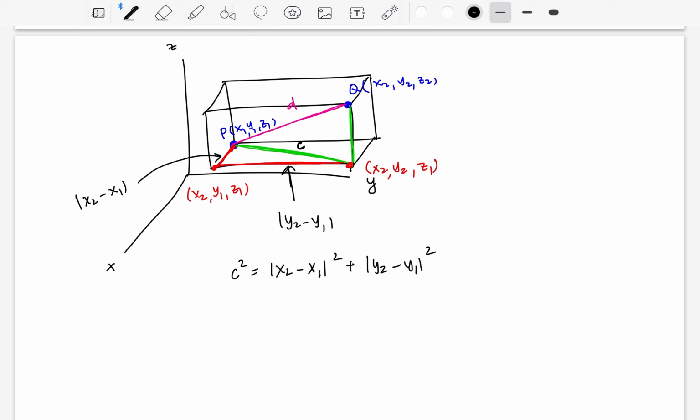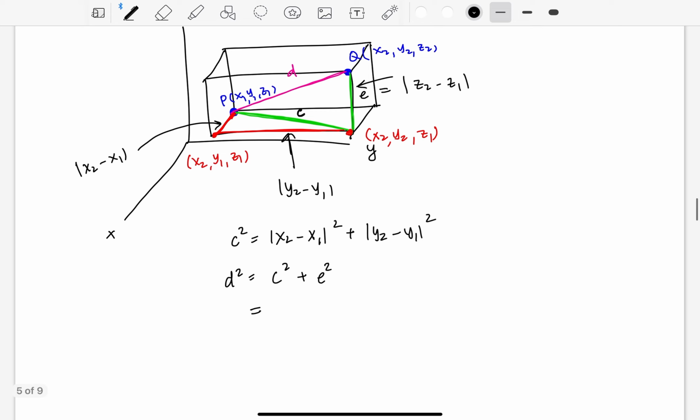Now, if I look at this, let me call this E, then I know that D squared is equal to C squared plus E squared, okay? But E, the only thing changing here is the value of Z. So E is equal to the absolute value of Z2 minus Z1. Therefore, D squared is equal to C squared, which is x2 minus x1 squared plus y2 minus y1 squared, plus E squared.